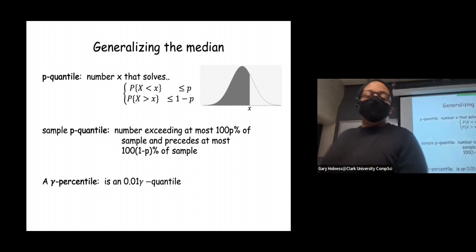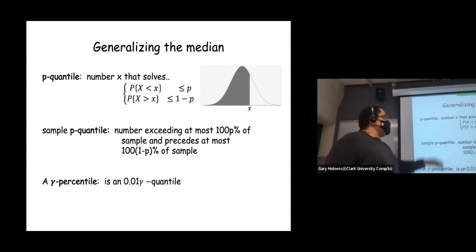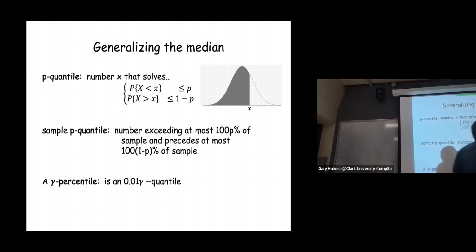There's something called a sample P quantile. Now, the quantile is a theoretical quantity, but if you do it from samples, there's an equivalent called the sample P quantile. And what is that? The sample P quantile is that number, and remember when we talk about samples, we sort them in non-decreasing order, so they get bigger or stay the same in sorted order.